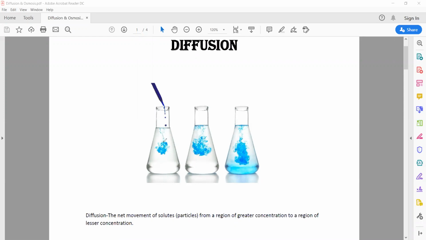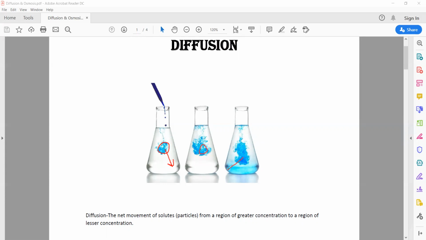So this area right here, where I've circled in red, that is the area of greater concentration. And so the particles, the food coloring, are going to move from this area outward. So you can see it progressing here as the particles are moving out from that initial area of higher concentration.